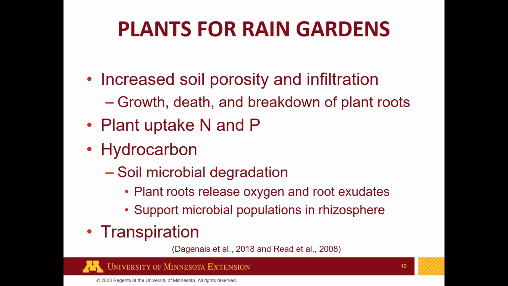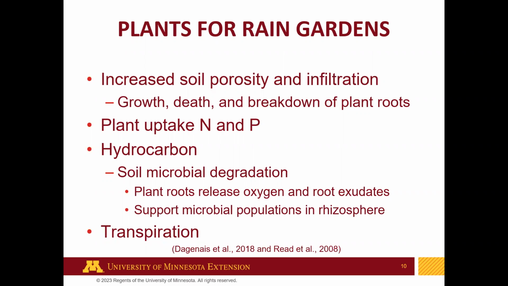And they can also help with petroleum hydrocarbon breakdown. And it's not so much that the plant is actually taking up those petroleum hydrocarbons, but it's the root system. And plant roots, as you all know, are leaky. They're releasing oxygen, and a bunch of root exudates are being released from those roots. And the oxygen and those root exudates are being used by soil microorganisms.